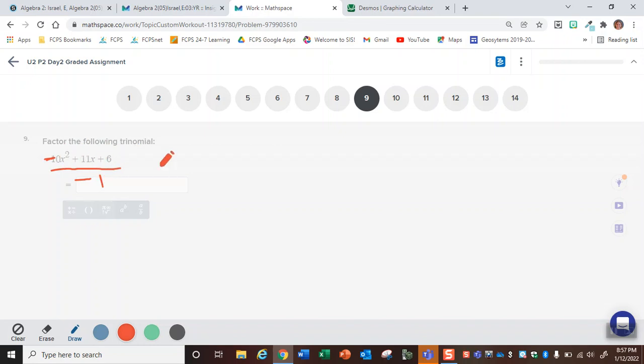So I'm just going to divide everything by -1. That comes in front, and that just changes the signs to be the opposite. Instead of being negative 10x squared, it's now positive 10x squared. And then now I've got a negative 11x and a negative 6.